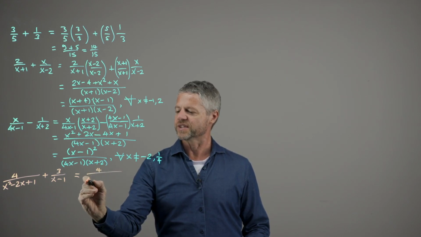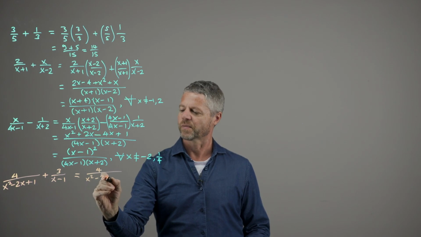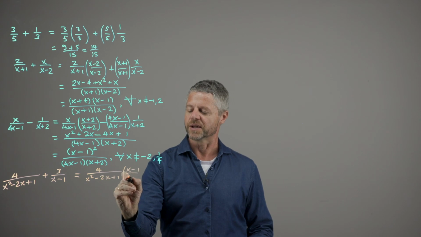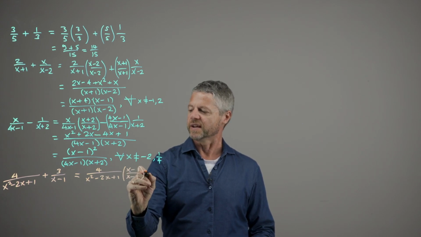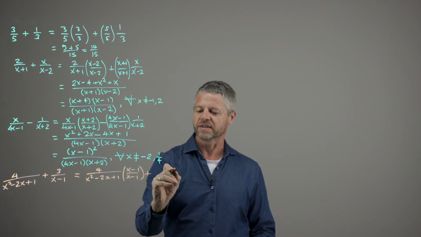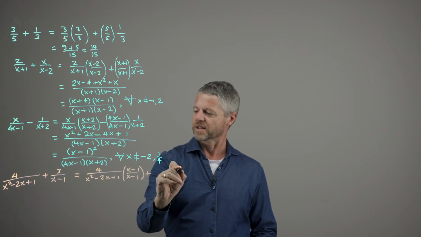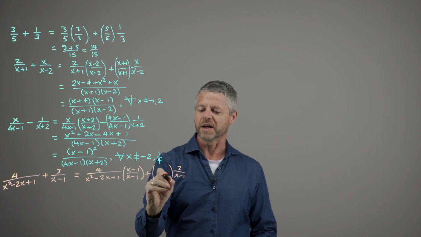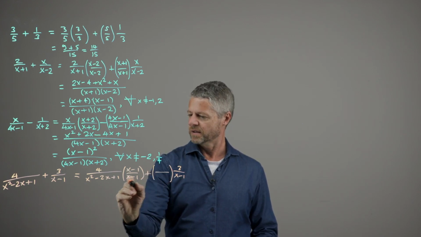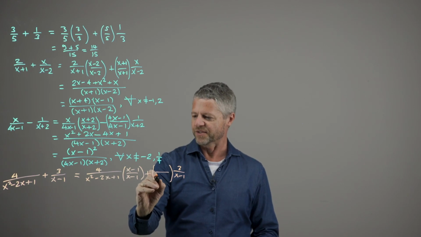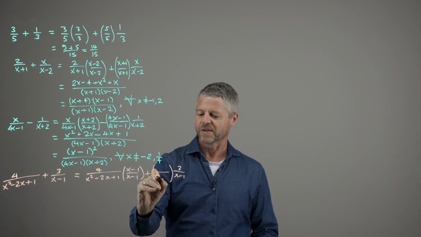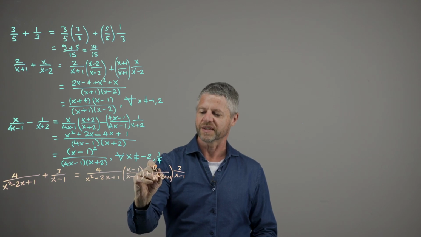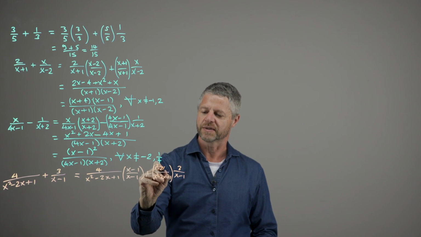Write down the first expression, multiply by (x minus 1)/(x minus 1), then write down the second expression and multiply by (x squared minus 2x plus 1)/(x squared minus 2x plus 1).